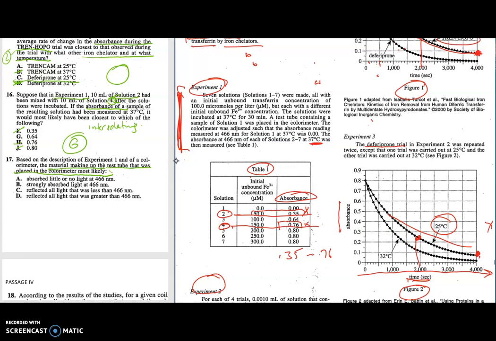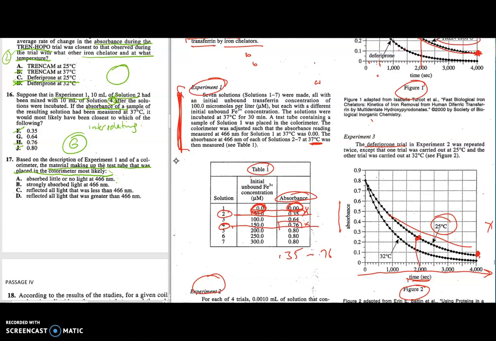Right, absorbed little or no light, strongly absorbed light, reflected all light that was less than 466, reflected all light. So they're talking about this here. What did it do? When they placed that in there, what was it doing?